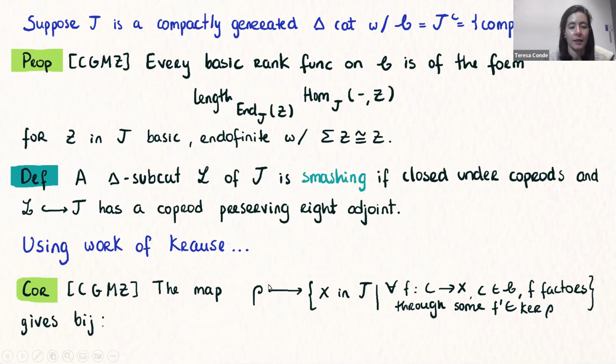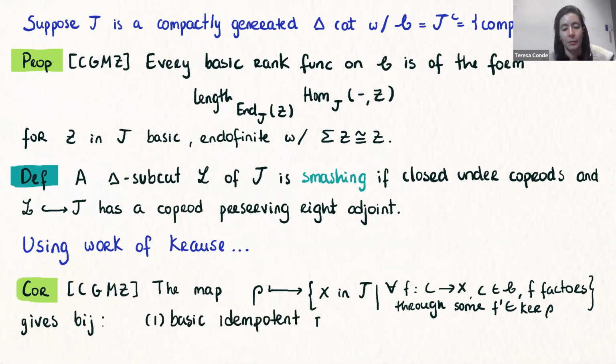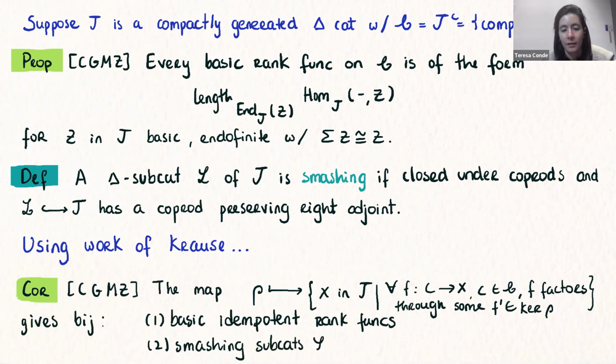So in fact, the function mapping a rank function rho to this subcategory of T over here gives a bijection between basic idempotent rank functions on C and smashing subcategories L of T, such that the category of compact objects of the corresponding Verdier quotient is locally finite.